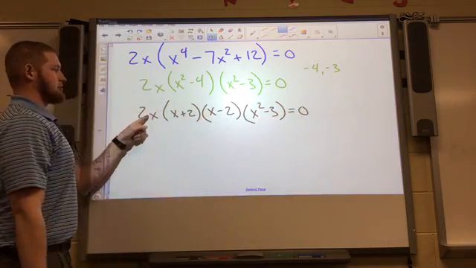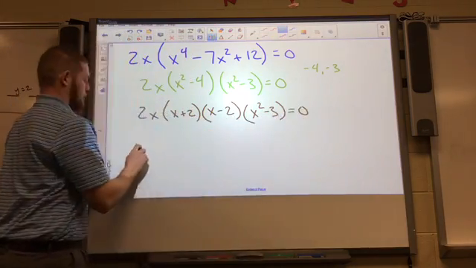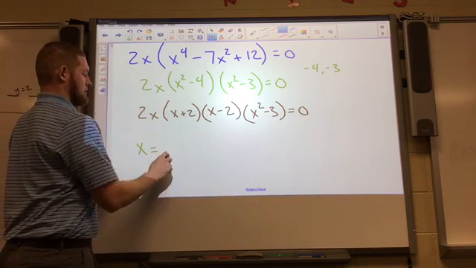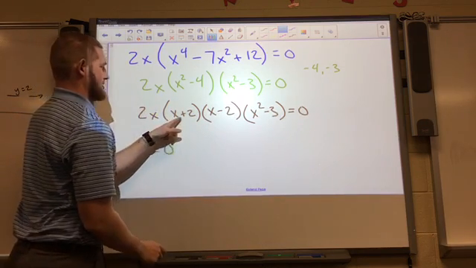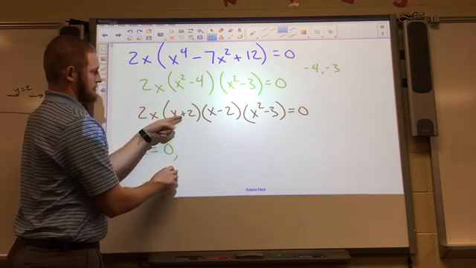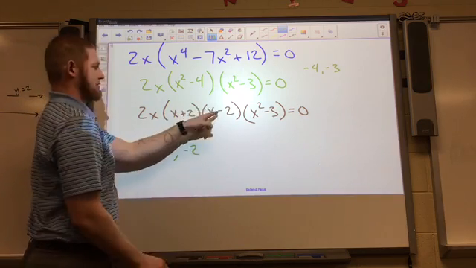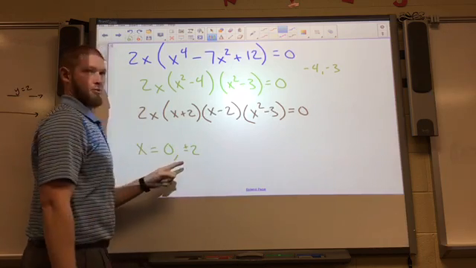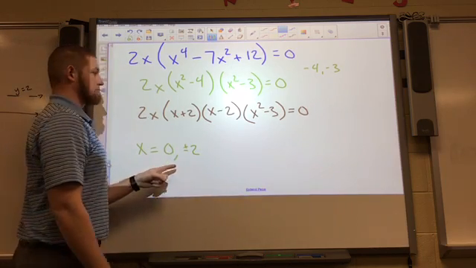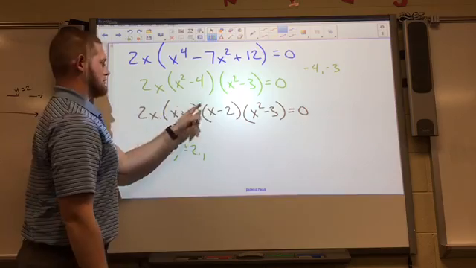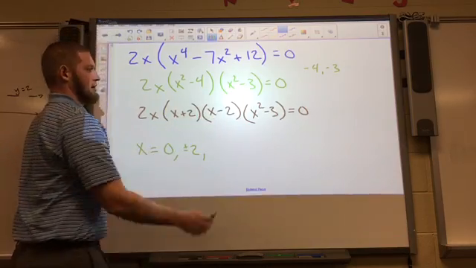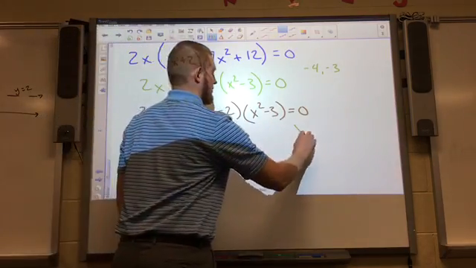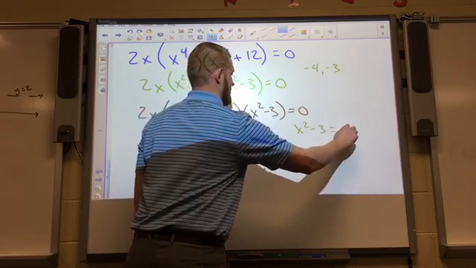When I set 2x equals 0, what do I get x to equal? 0. When I set x plus 2 equal to 0, I get negative 2, and x minus 2 gives positive 2, so I'm just going to put plus or minus 2, is that okay? Sure. Then this one's the tougher one because you have x squared minus 3 equals 0.